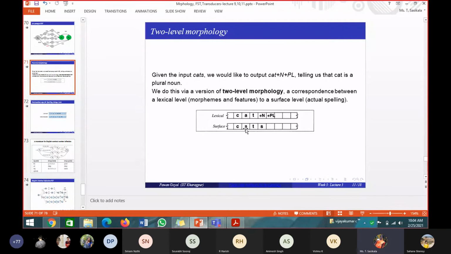What will be the plural form of box? Boxes. Yes. So if it ends with X and my other morpheme is S, then you have to write a rule like this.